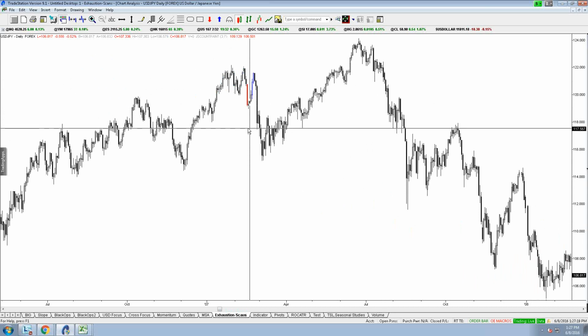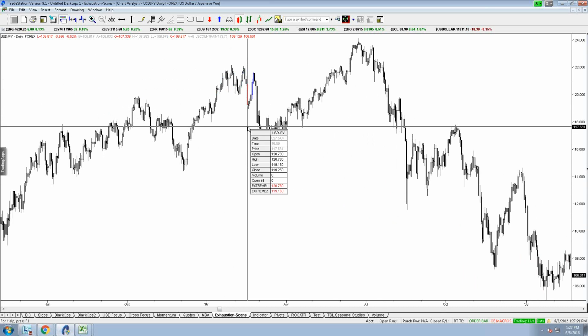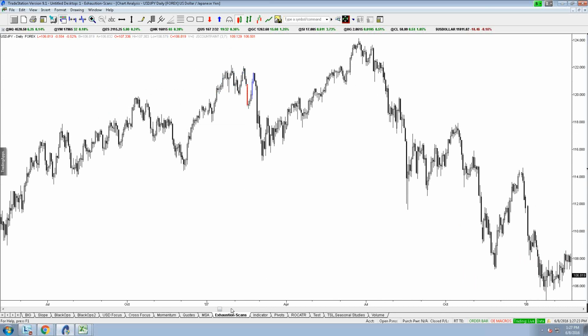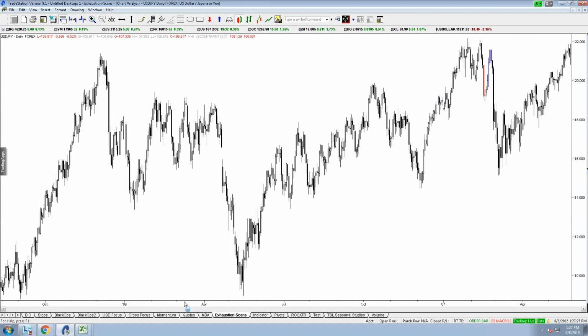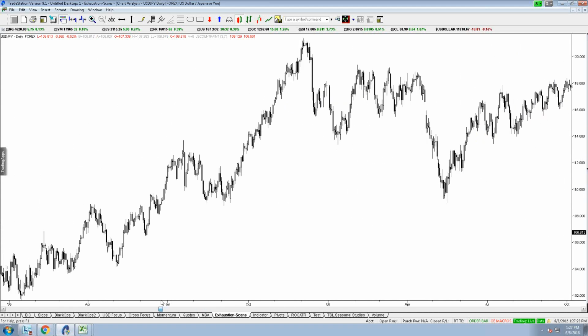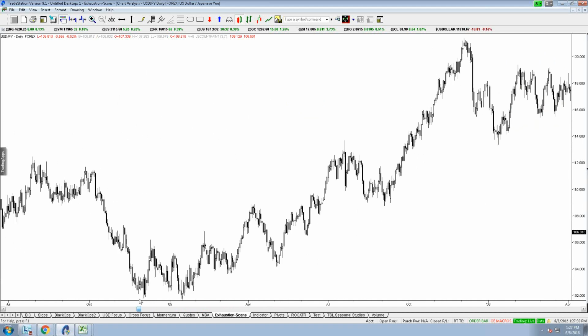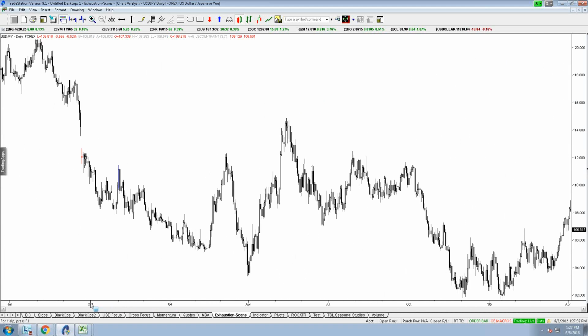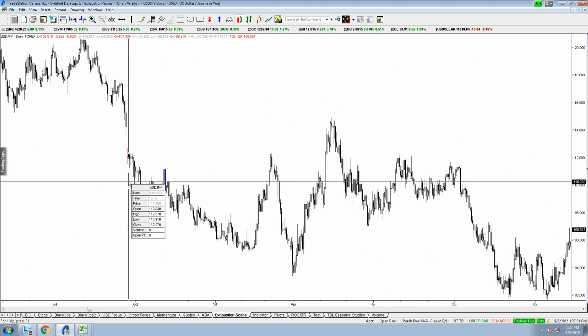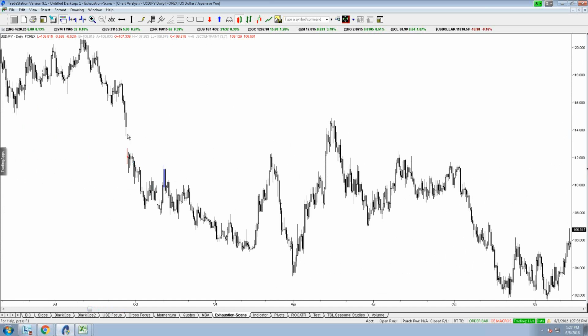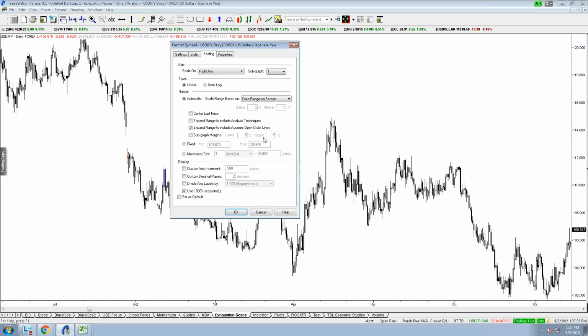And then you actually had one here in February of 2007. So as you can see, it doesn't happen too often, and most of the time they do end up identifying pretty important lows, right? You have to go all the way back to 2002 or 2003 to see one. That was after a gap.